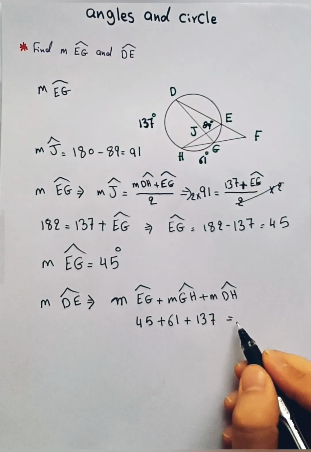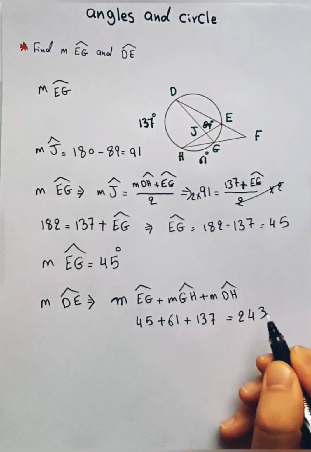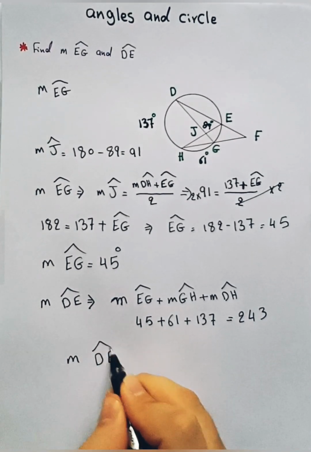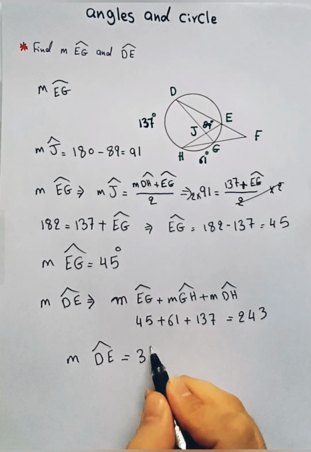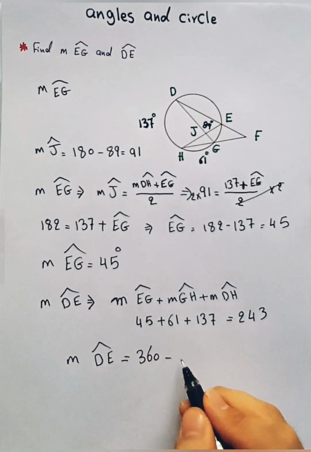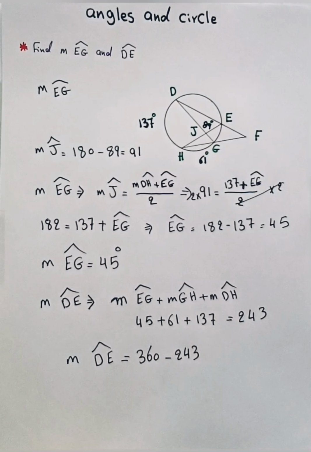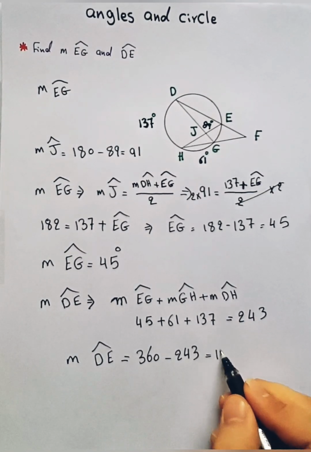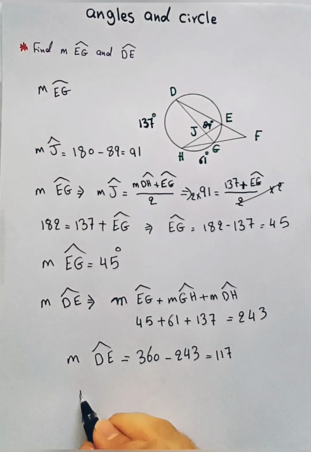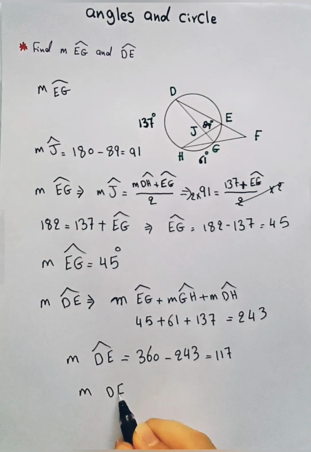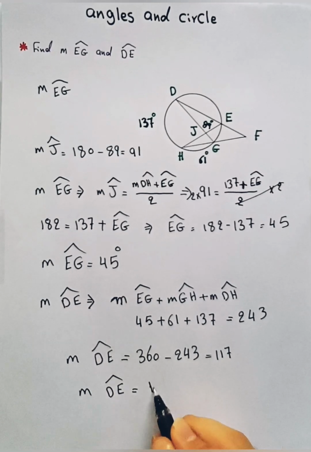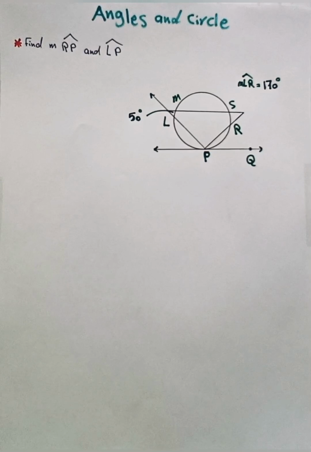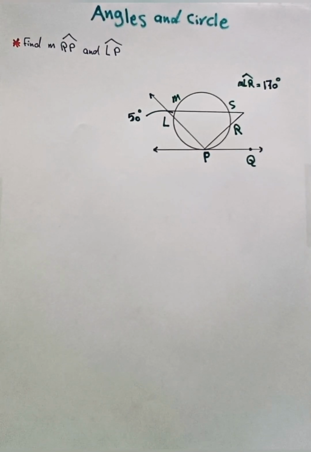When you add these numbers, you'll get 243. So the measure of DE equal to 360 minus 243 equal to 117. So the measure of DE equal to 117 degrees.